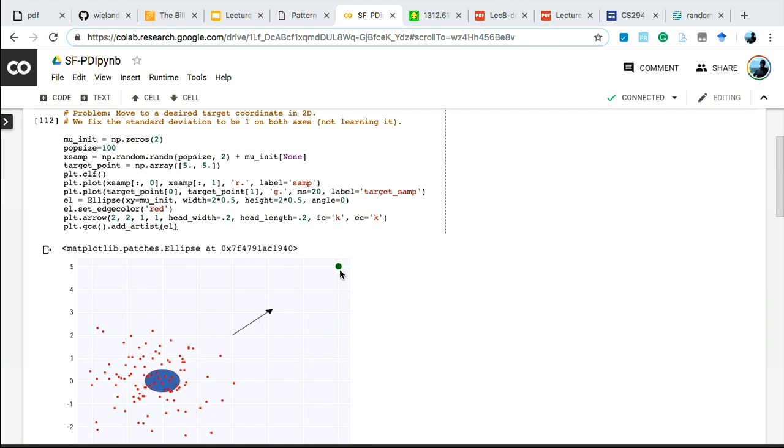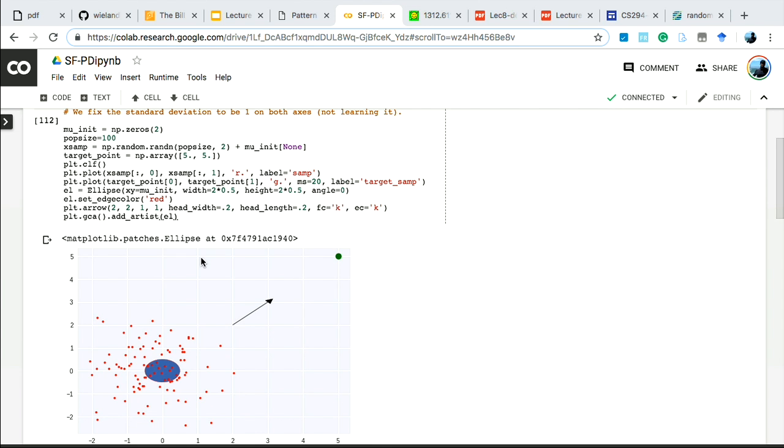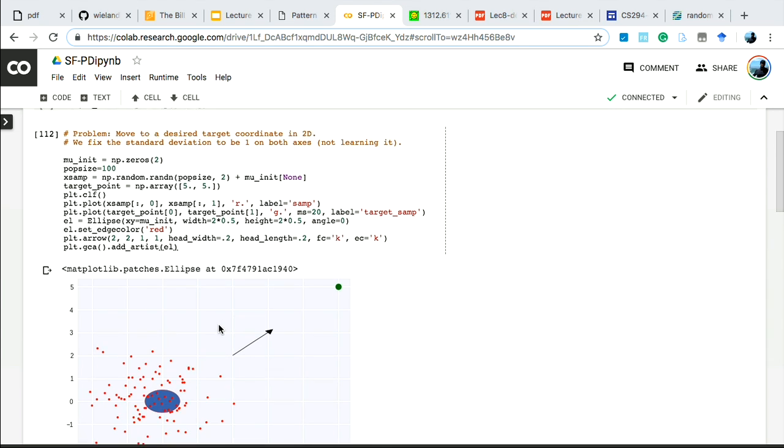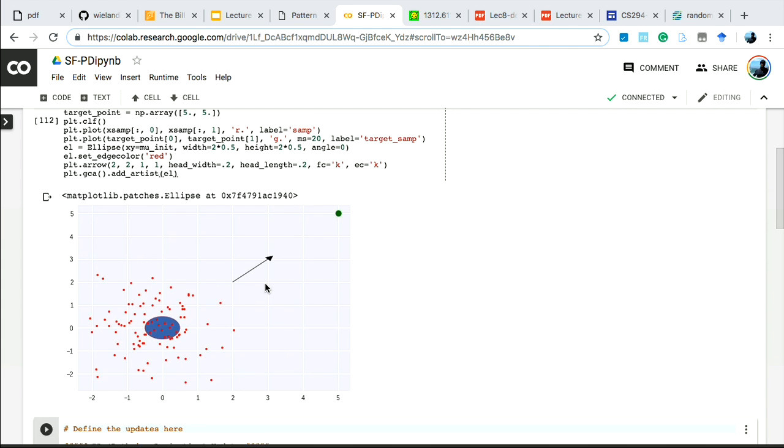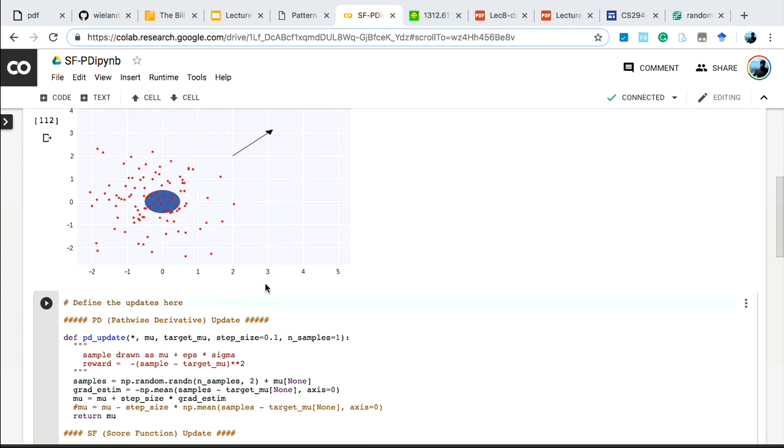The target location is phi comma phi here, the red points are samples from this Gaussian, and the ellipse shows what the Gaussian is. We are not worried about the variance for now. The parameter we're trying to optimize is just the mean of this Gaussian distribution. The black arrow denotes the direction we want the mean to go.